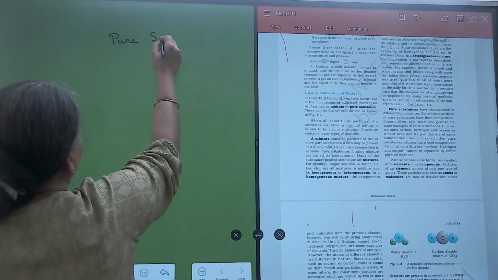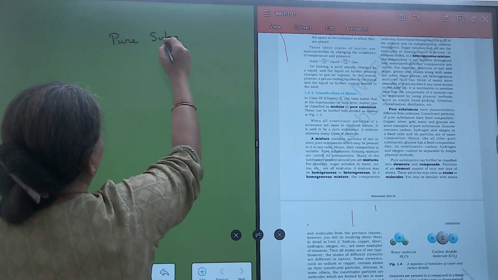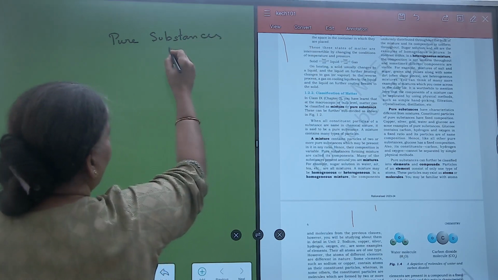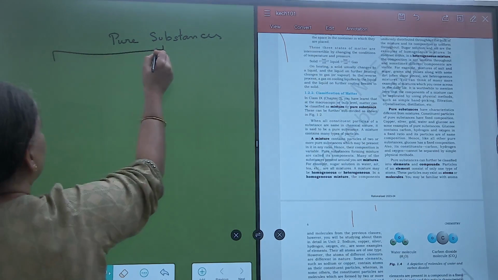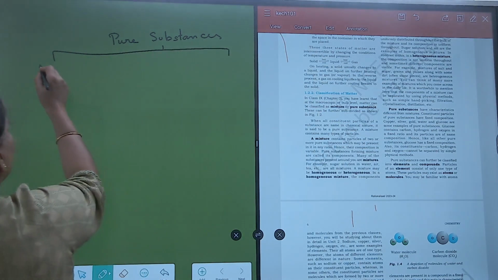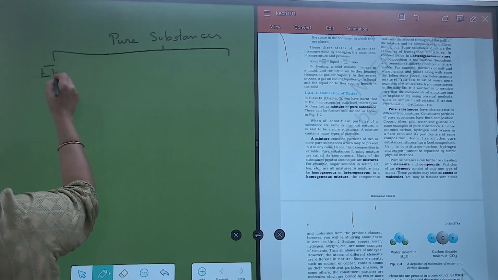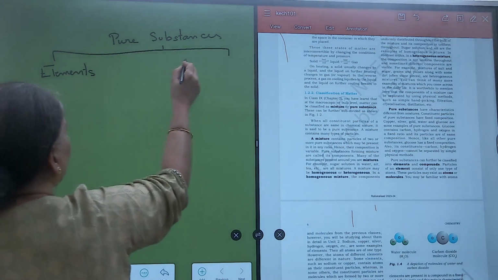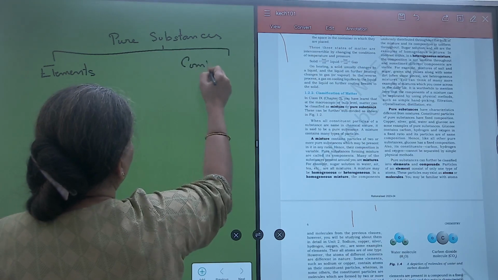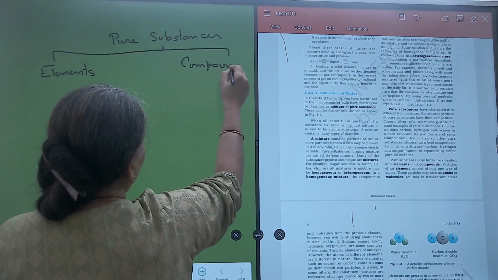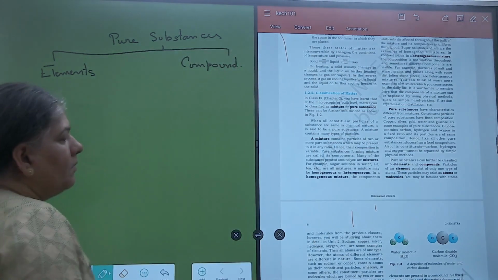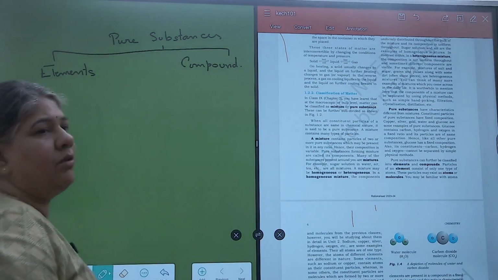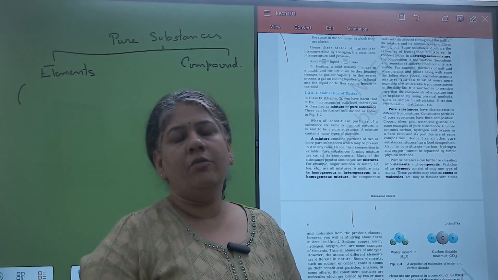Pure substances are again classified into elements and compounds. Elements are made up of only one kind of atoms.